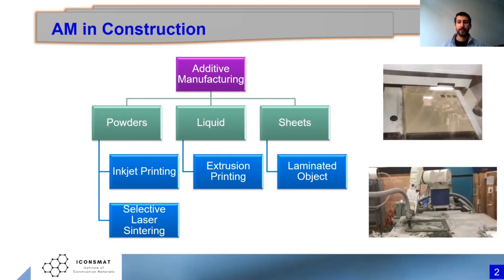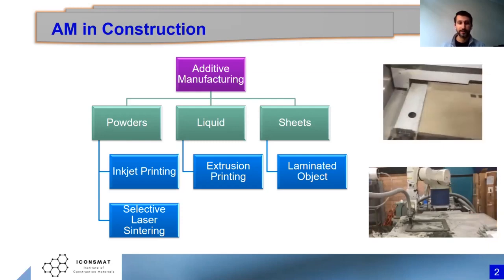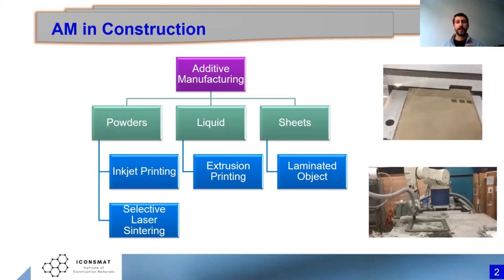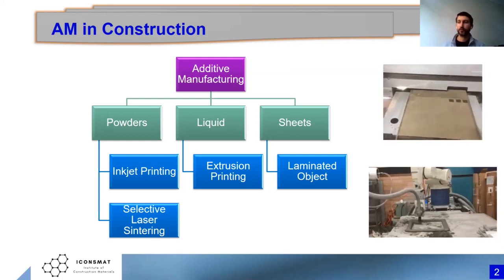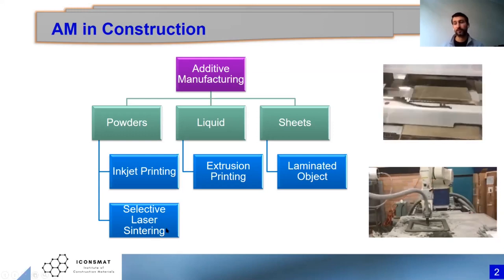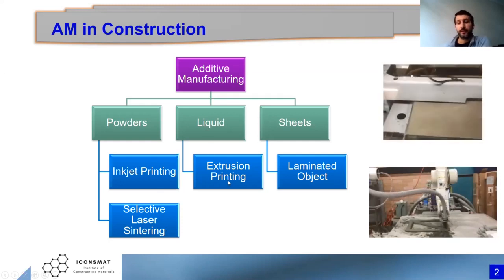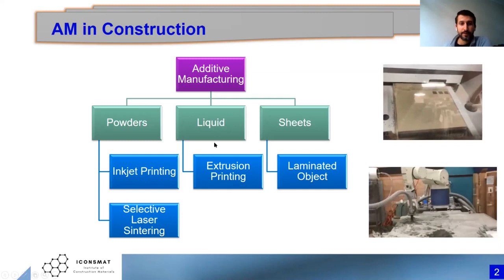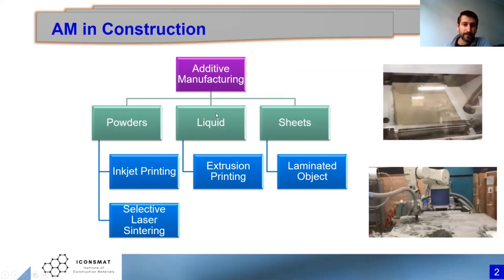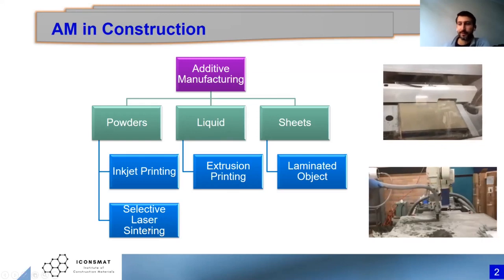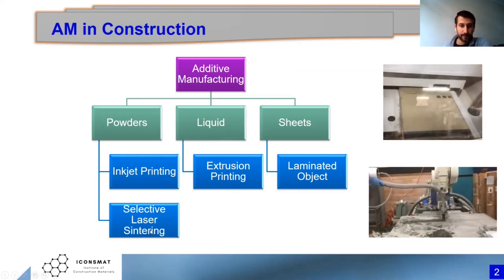That's why we should classify it into 3 parts. In the powder one, we usually use inkjet printing and selective laser sintering. In the liquid one, we usually use extrusion printing. But still, this liquid can also be used for selective laser sintering. I'll show you how that is possible.